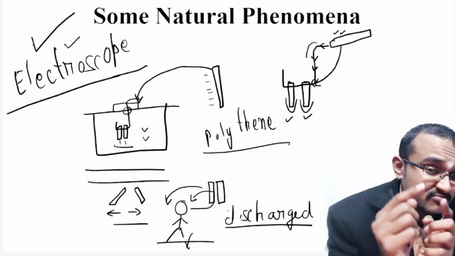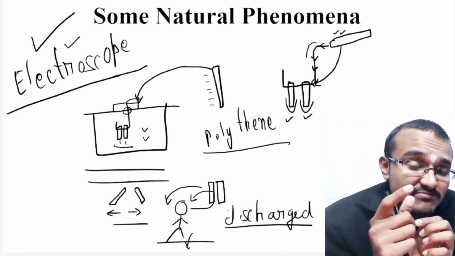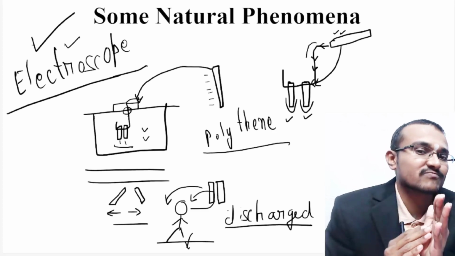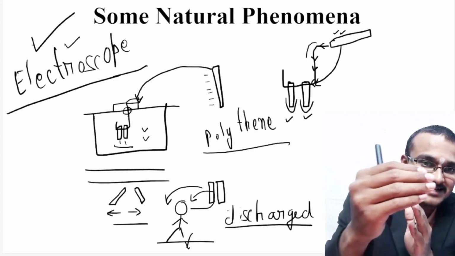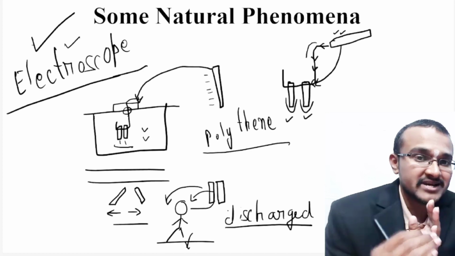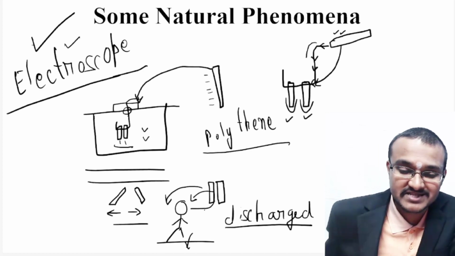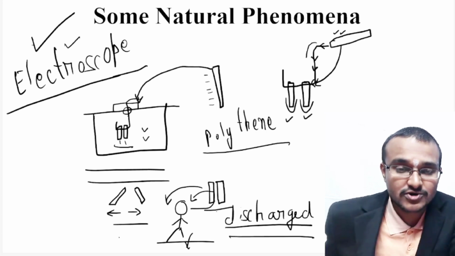So when you touch the metal strips, the charges accumulated on them get discharged through your body to earth. This process of charges getting discharged from a body and reaching earth is known as earthing. Here, the charges on the metal strips have been discharged through your body.